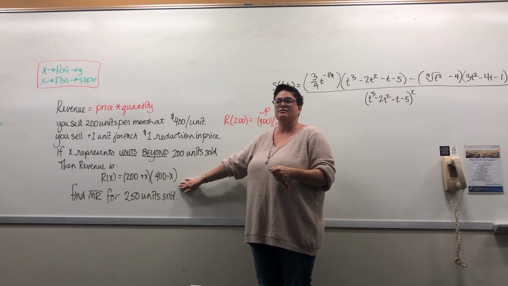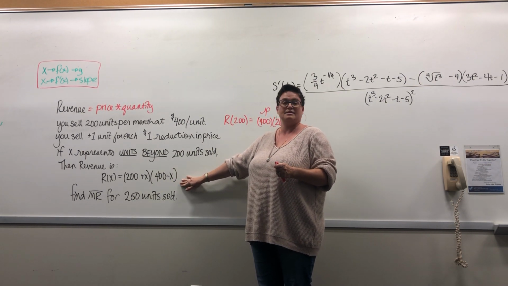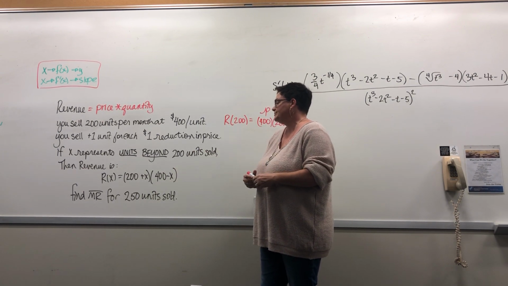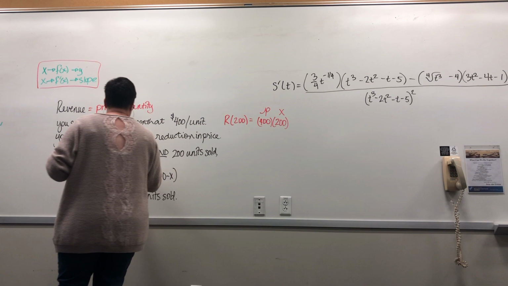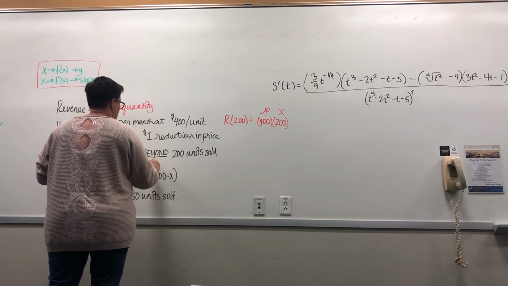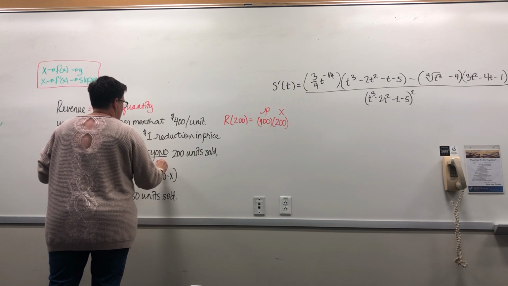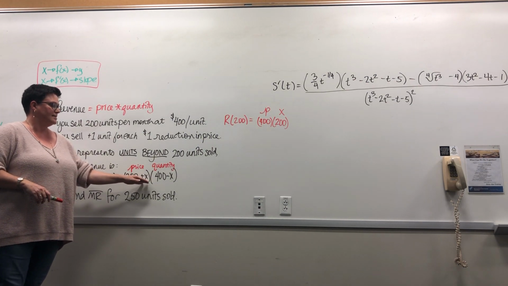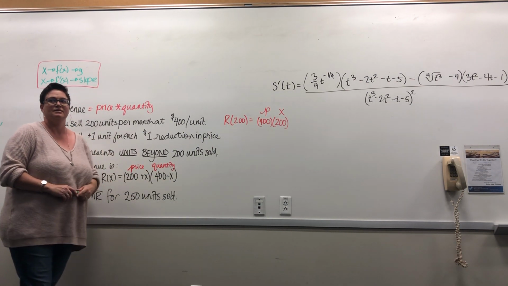So this is my revenue, this is how I synthesized it. Does it make sense? Here's the price part of my revenue, and here's the quantity part of my revenue.